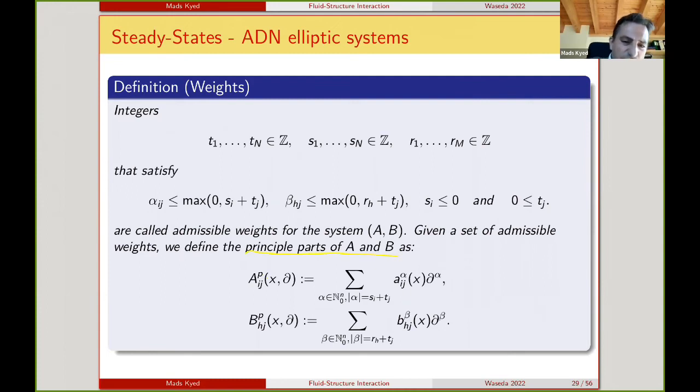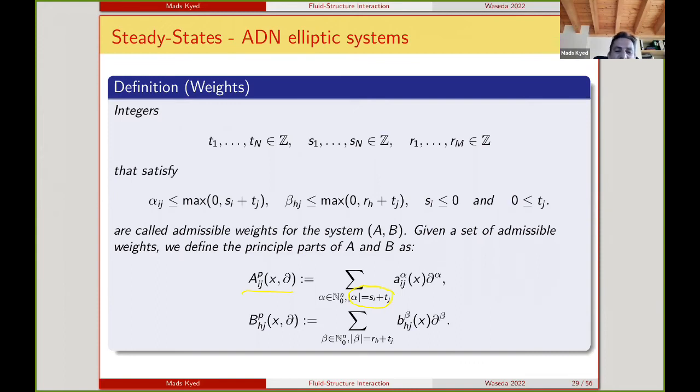And you see here the principal part of the A operator consists of the terms where the order of derivatives is given as S_i plus T_j.